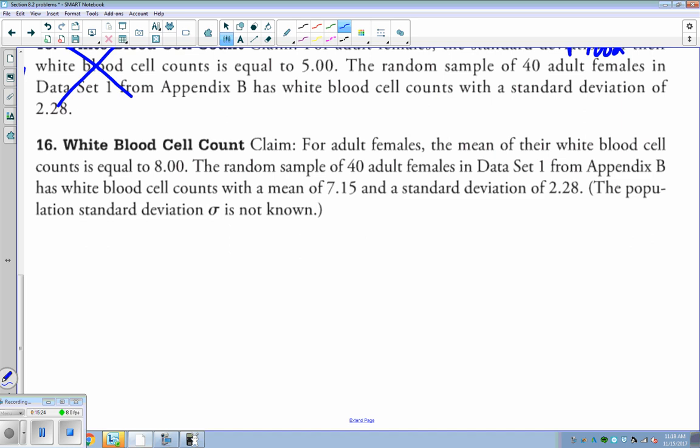So are we dealing with a proportion or a mean? A mean. So the claim says that the mean is equal to 8.00. So my claim written in symbolic form is going to be that mu is equal to 8.00.